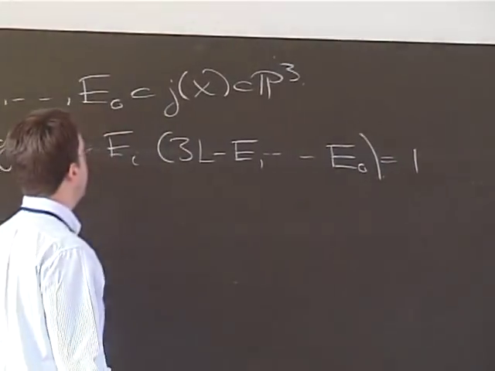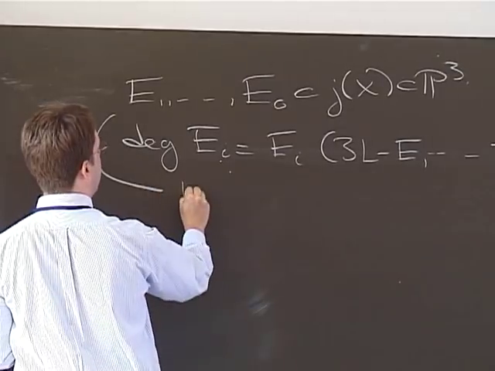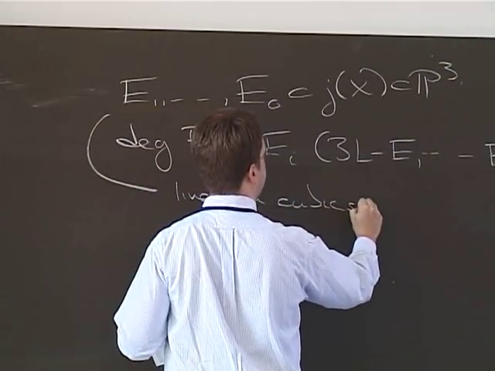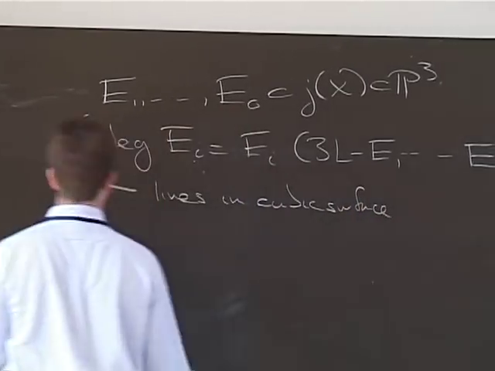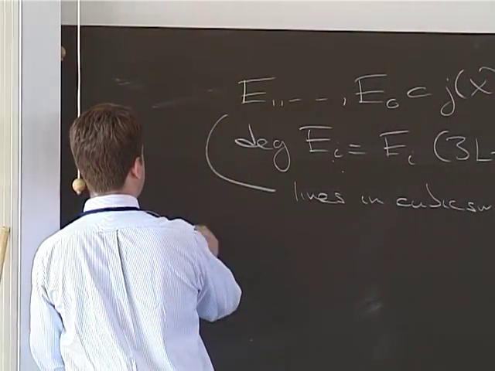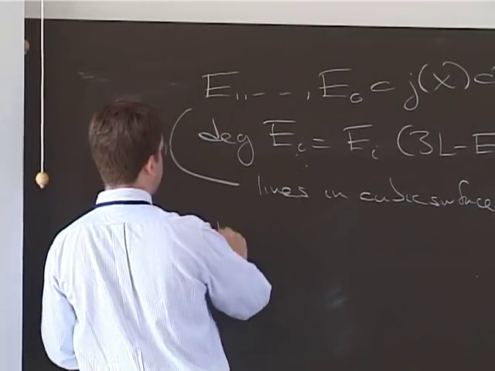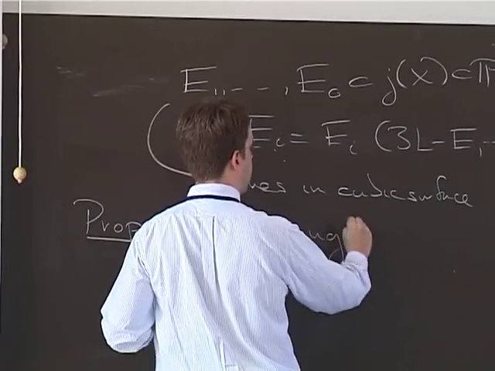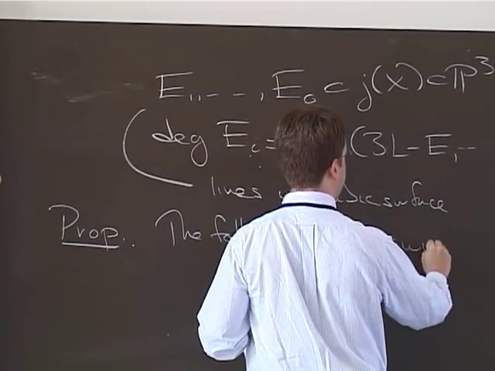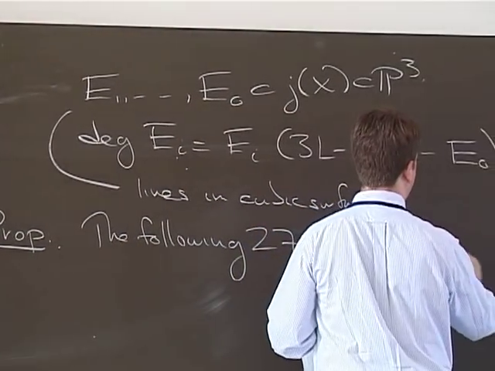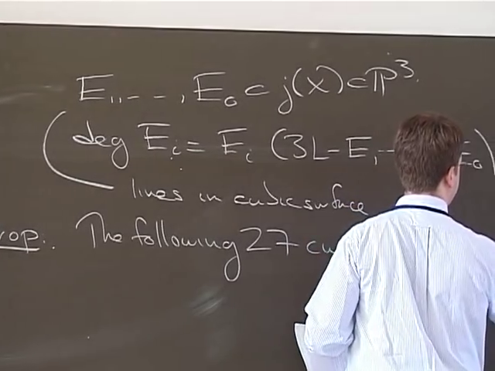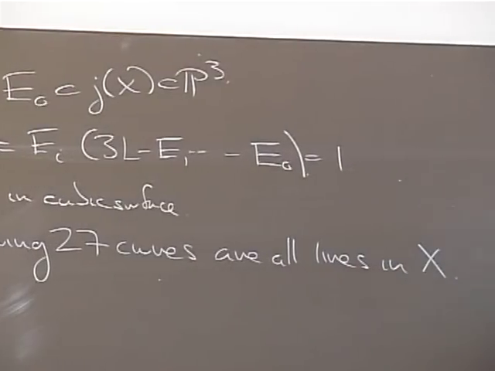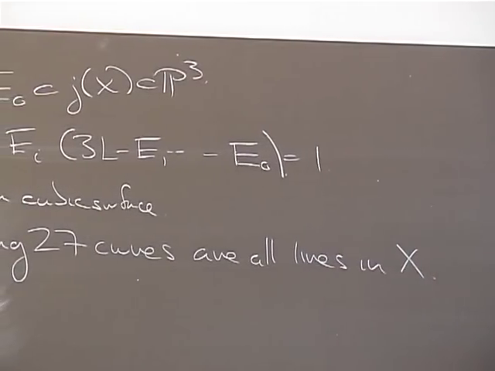So this is equal to 1. In other words, these are lines in the cubic surface. And so the proposition is that the following 27 curves are all lines in X. So you need to know all 27 lines on the cubic surface.